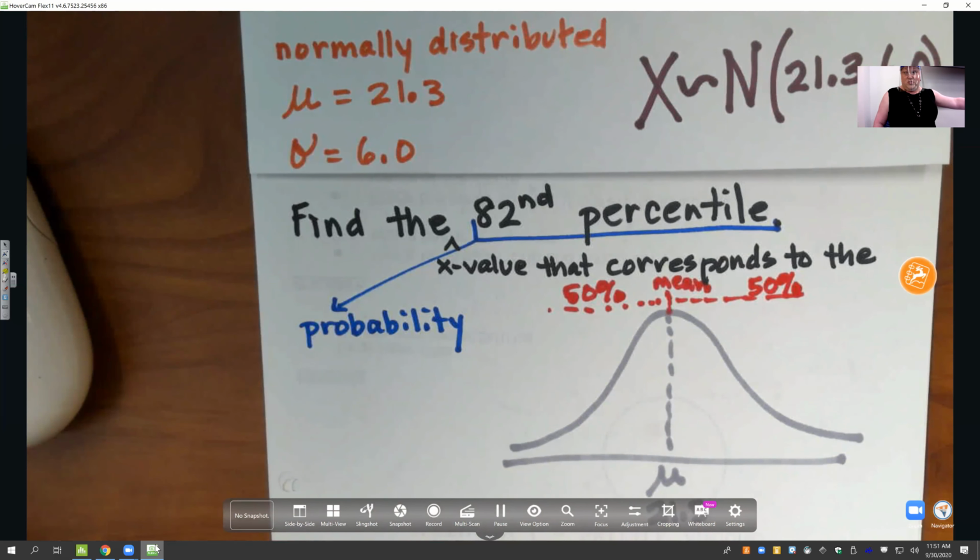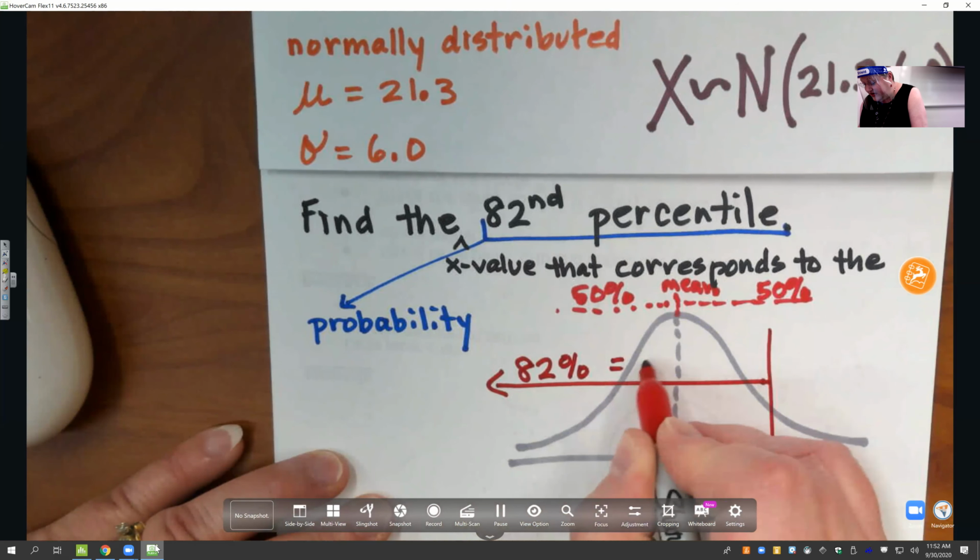If I start at the left, we always work left to right, that would be like 0%. I get to the mean, I'm at 50%, so I have to go a little bit further, somewhere over here on the right-hand side. That tells me I'm going to have 82% below my score.